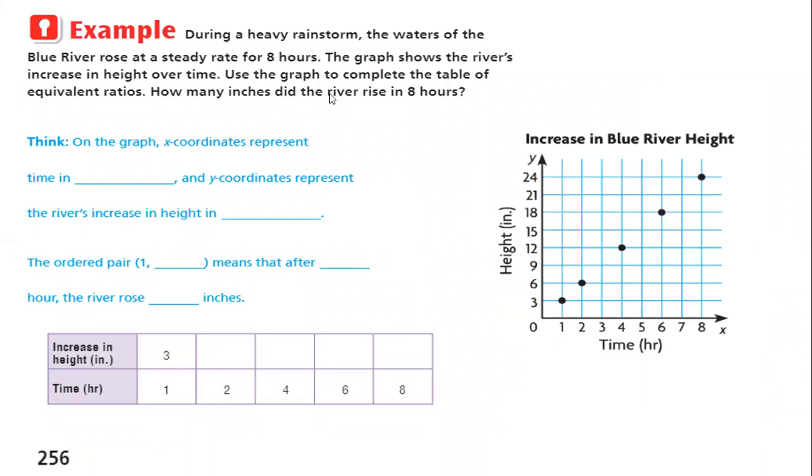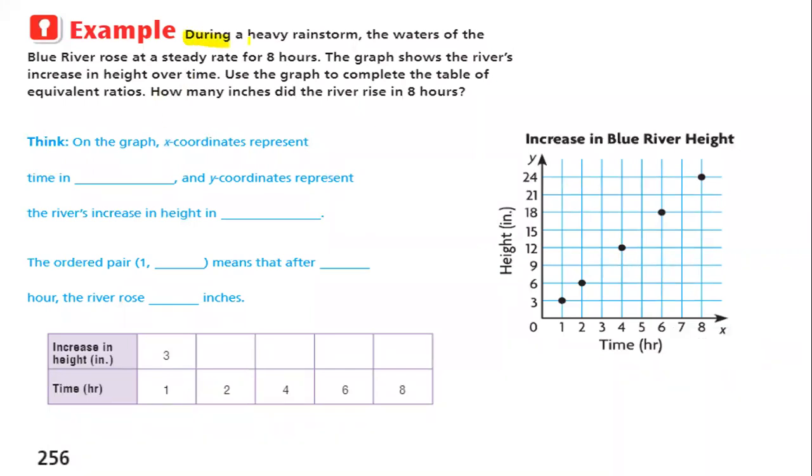The water rises, and the water goes down or calms down like this. Here, during a heavy rainstorm, the waters of the Blue River rose. Rose here is the past simple of the verb raise. Okay, guys? Do you understand me here?